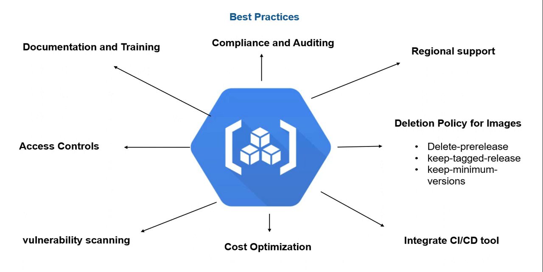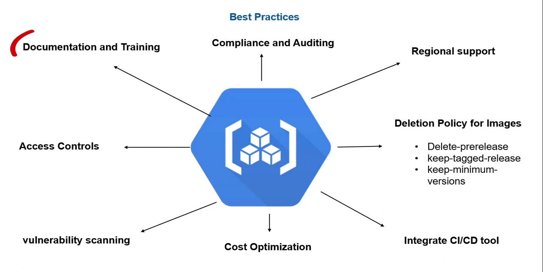Next one is access control. Use roles to grant access to your repository, for example the artifactregistry.reader role. It can allow the user to view or get the artifacts for the specific project repository so that we can control the access for end users.